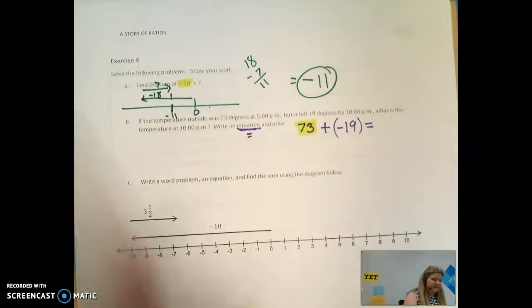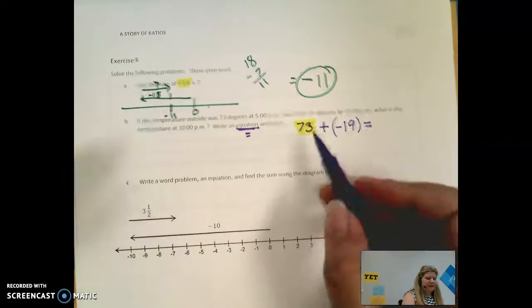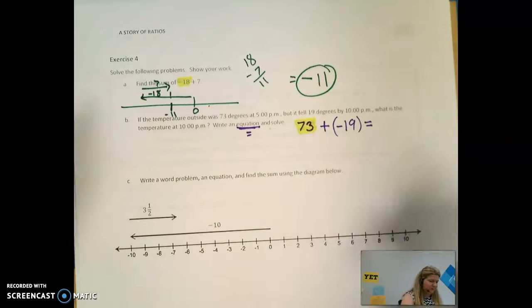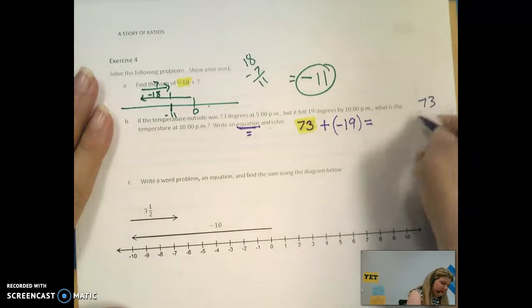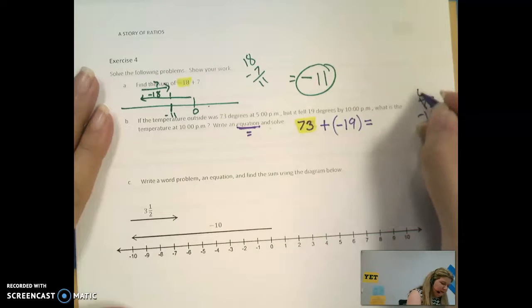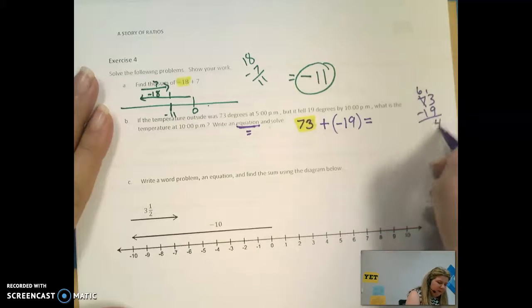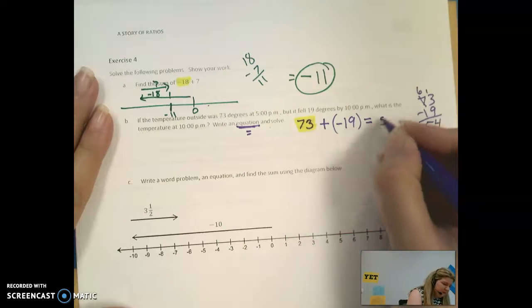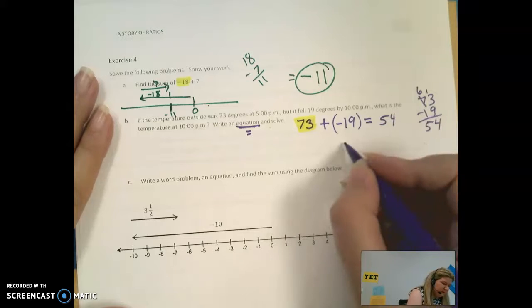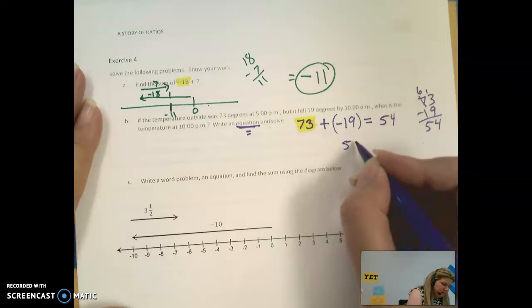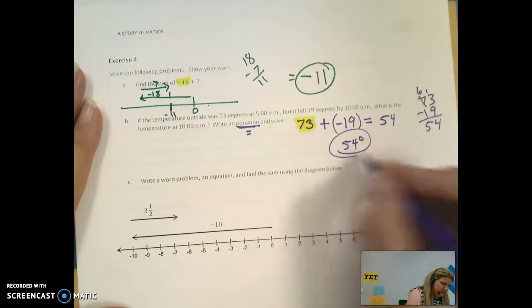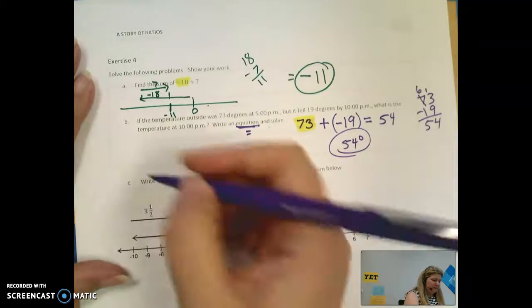Greater absolute value is 73. That has positive, so my answer will be positive. I'm going to do the subtraction on the side. Do a little borrowing here. Regrouping, that's the word we use now. So 54, and in terms of the problem, it's 54 degrees. Now, we're also going to model it.